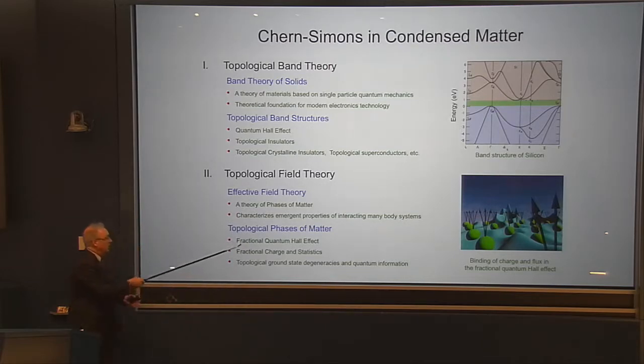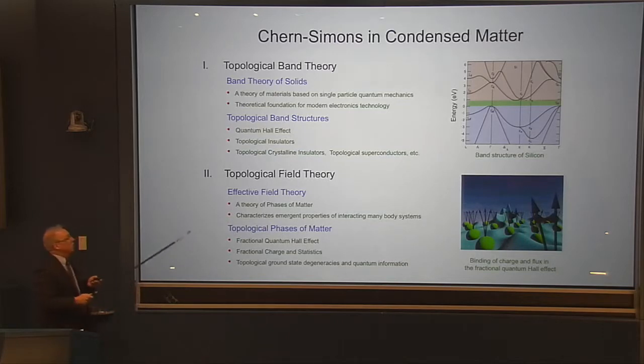Particularly the fractional quantum Hall effect: it's made out of ordinary particles, electrons and protons, but it has emergent properties that have fractional charge, fractional statistics, and can ultimately be used for developing technologies of quantum information.